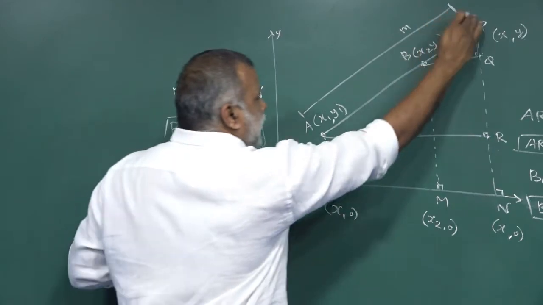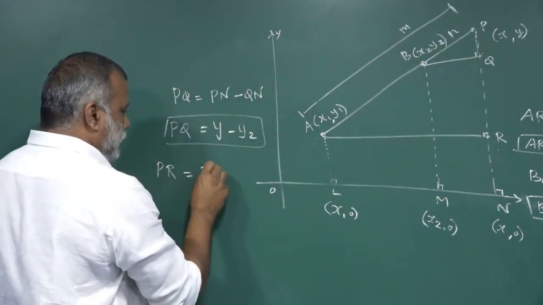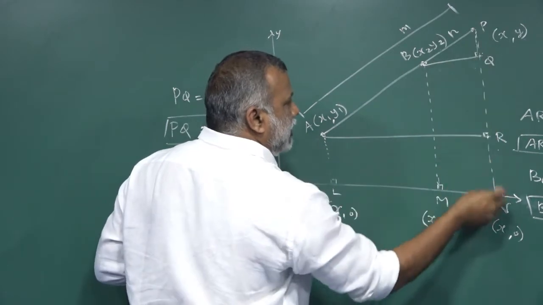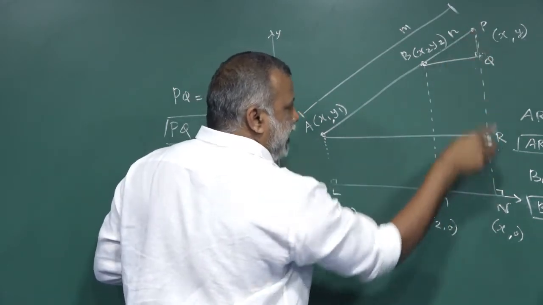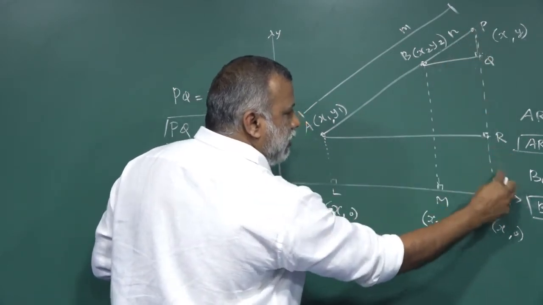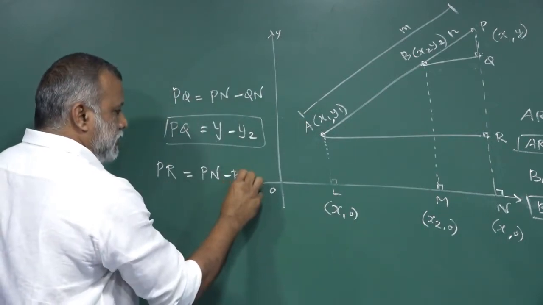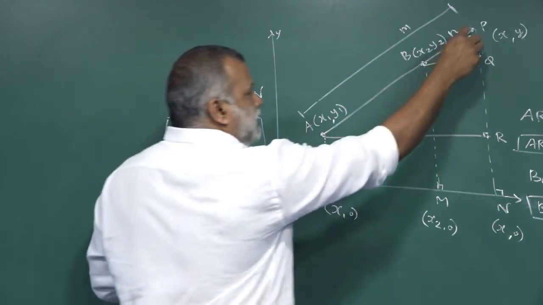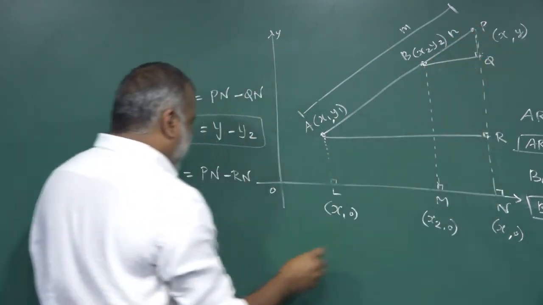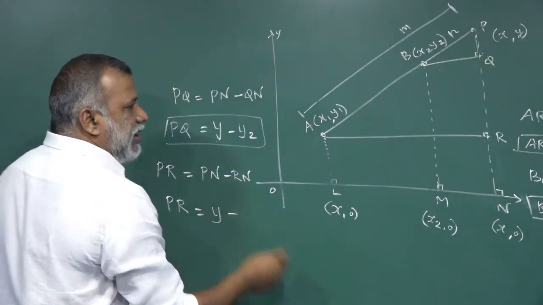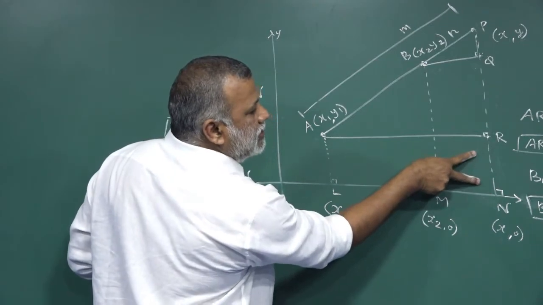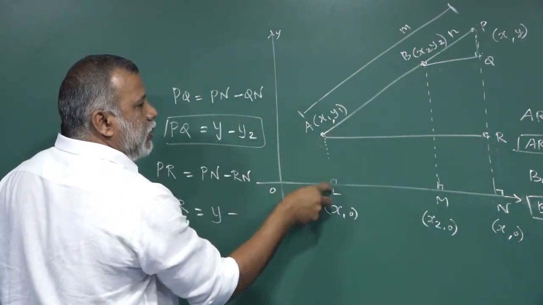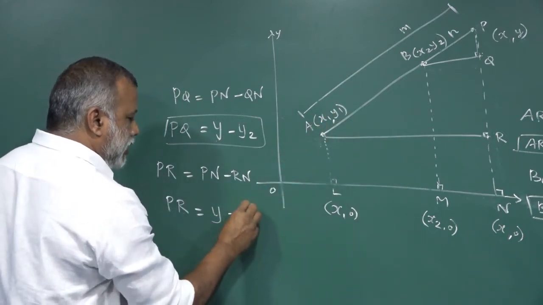See once again, PN is the maximum, and we subtract RN. Therefore, PR is equal to PN, which is once again the y coordinate, minus RN. This RN is unknown, but this distance is equal to AL. What is the value of AL? Just subtract, it is y1.